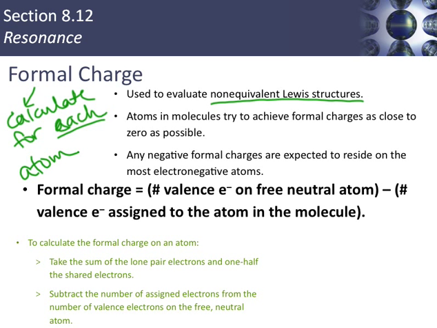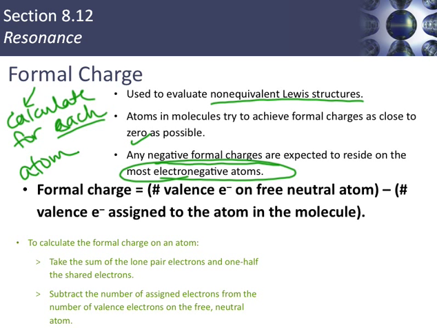Atoms in molecules try to achieve formal charges as close to 0 as possible. This is crucial, and I'm going to address that in a second. Any negative formal charges, if we have any, we have to be happy with that. We're better off if those negative formal charges exist on more electronegative elements.